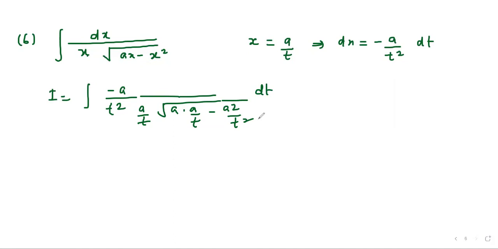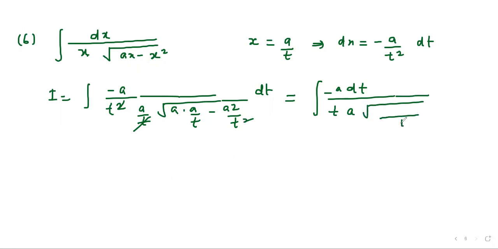So it will become integration of −a dt divided by, 1/t will get cancelled, and we will have t into a root of, if we take LCM, it will become t², the root extends to t², then it will become a²t − a².